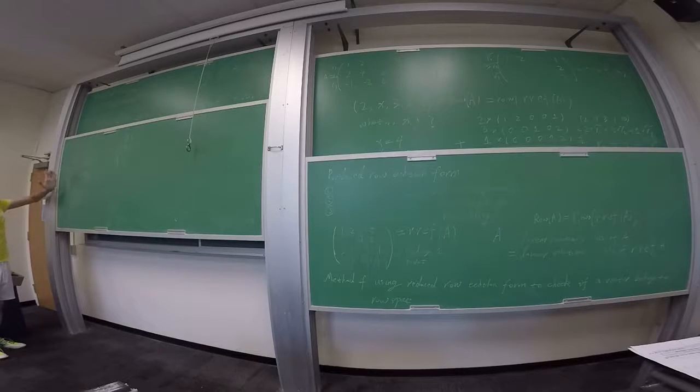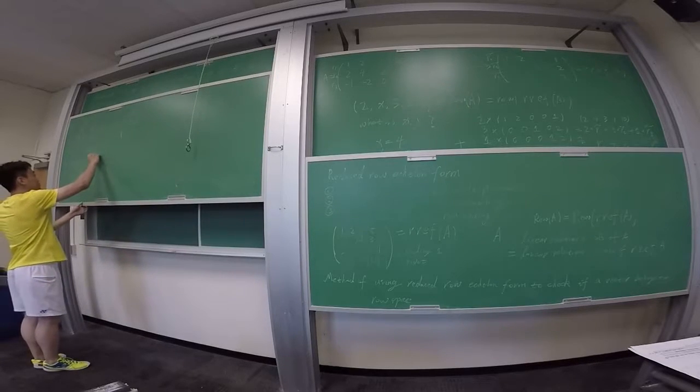Now we do the row transformations on all of that together and reduce it to the reduced row echelon form and see what happens.